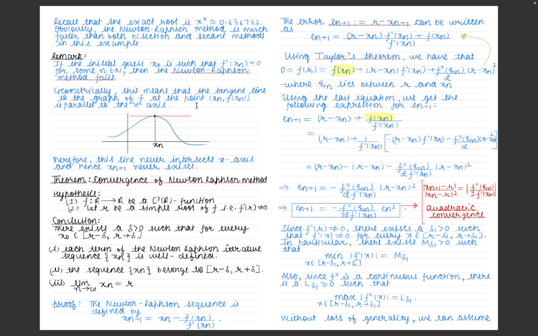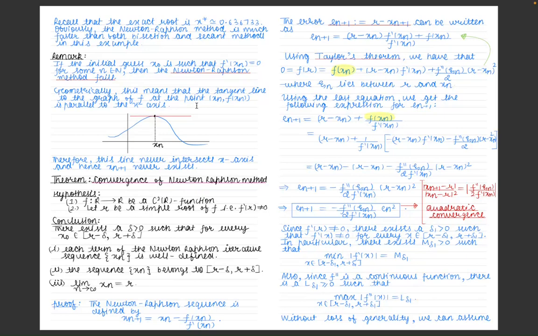Why? So this minimum exists because f is considered to be a C2 function, which means this f prime is a continuous function. So its minimum will be attained as this interval is a compact interval, and we are letting this minimum be m delta 1.